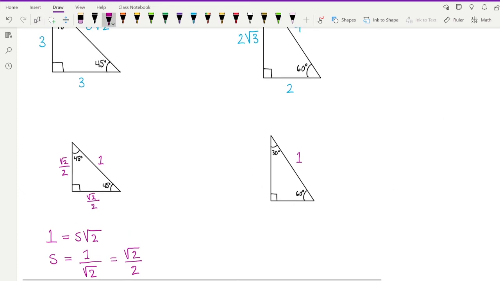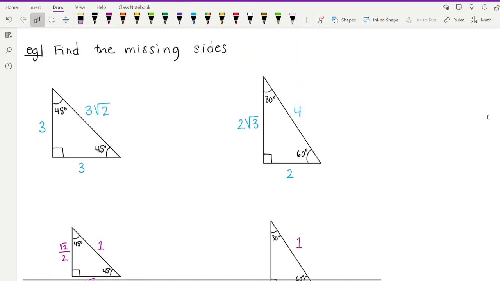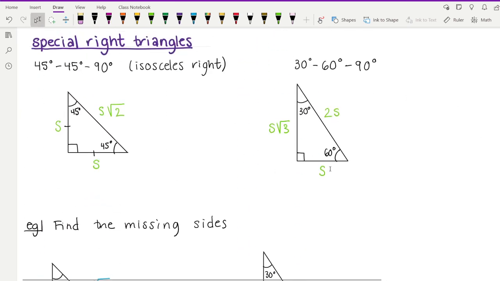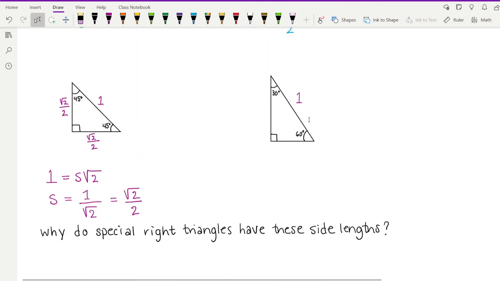So remember that for a 30, 60, 90 triangle, the relationship is that whatever the shortest side is, the hypotenuse is going to be twice that, and then the longer leg is going to be that number times the square root of 3. And so we could set up equations here, but I think this one we can do in our head, right? So we know that whatever this side is, the hypotenuse is supposed to be 2 times as much. And so that means that this side has to be 1/2, right?